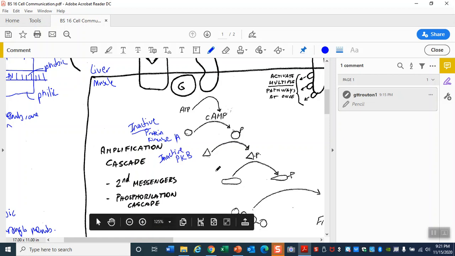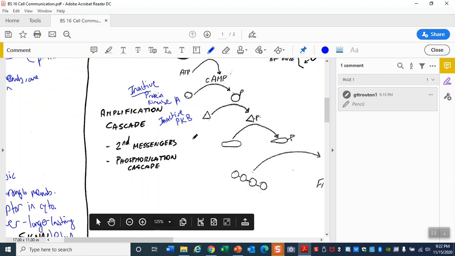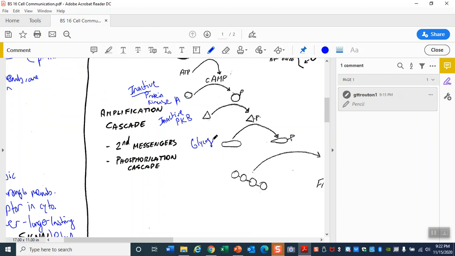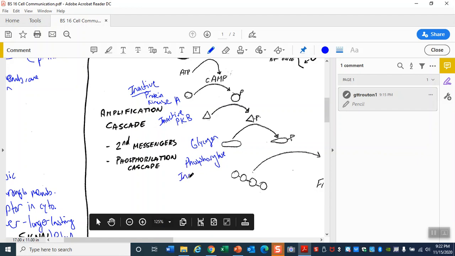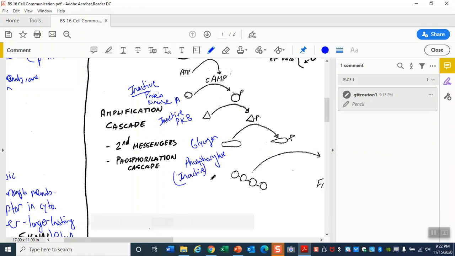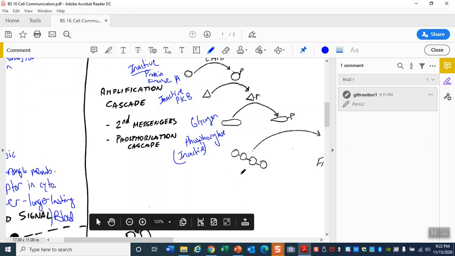This oval is glycogen phosphorylase. It's going to tell you exactly what it's going to do. And again, this is inactive. This molecule here is glycogen.